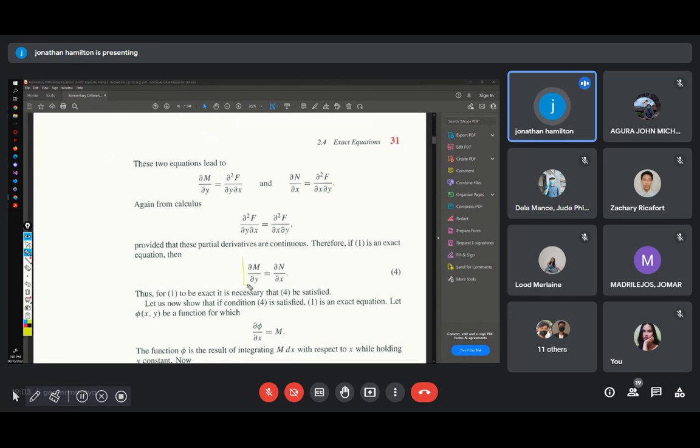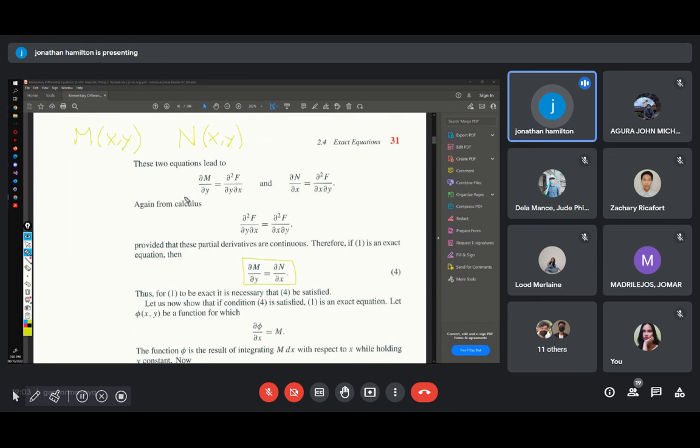the partial derivative of m with respect to y is equal to the partial derivative of n with respect to x. We use partial derivatives because our function m has two variables, x and y, and our function n also has two variables, x and y.